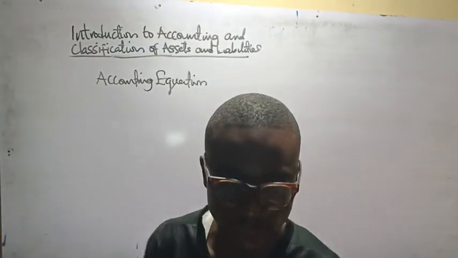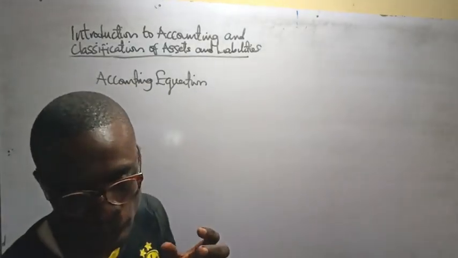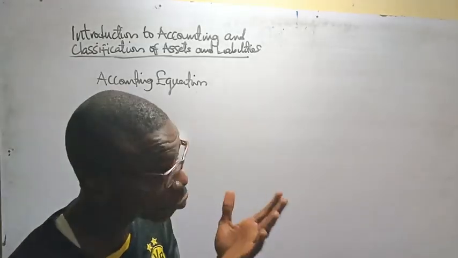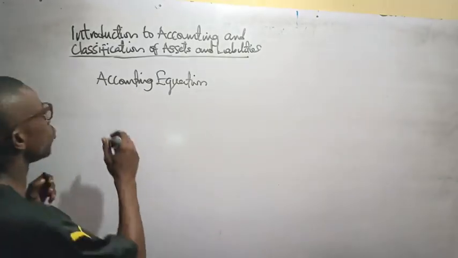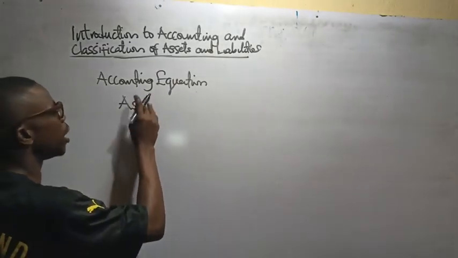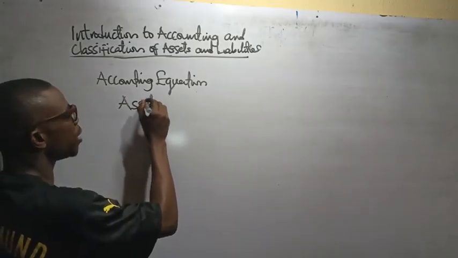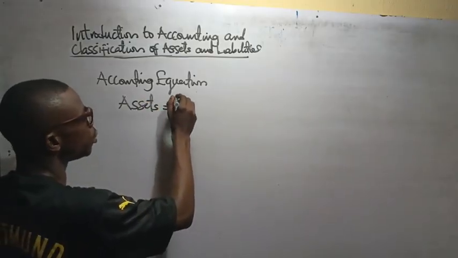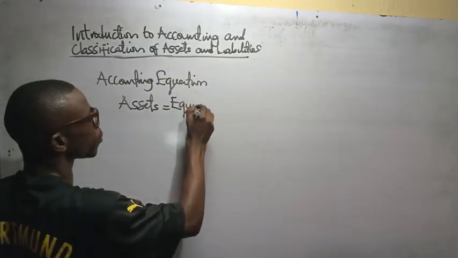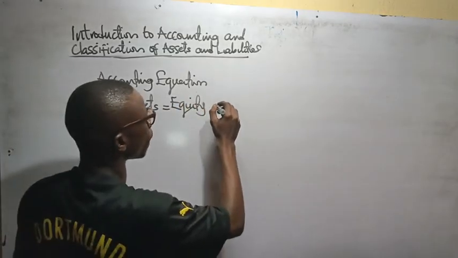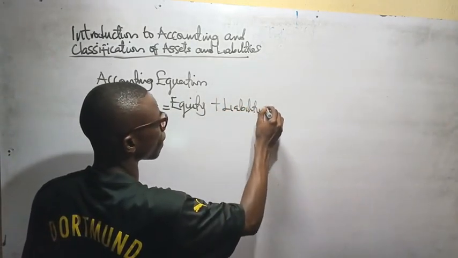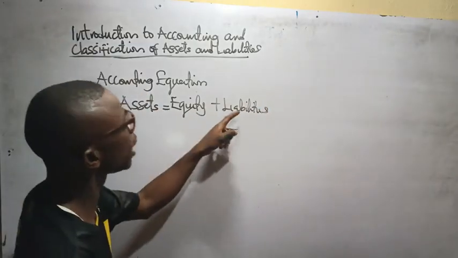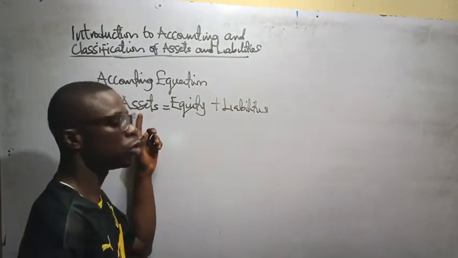And what is the formula for the accounting equation? Accounting equation is denoted as this: asset is equal to equity plus liability. So when you add your equity and liability together, you will have your assets.